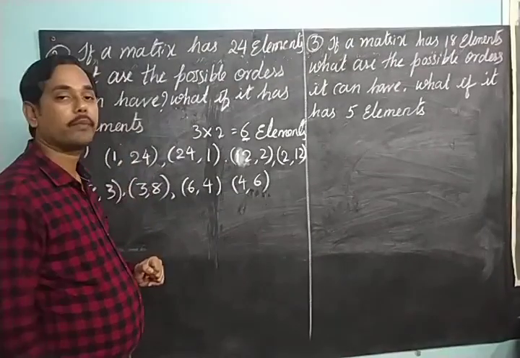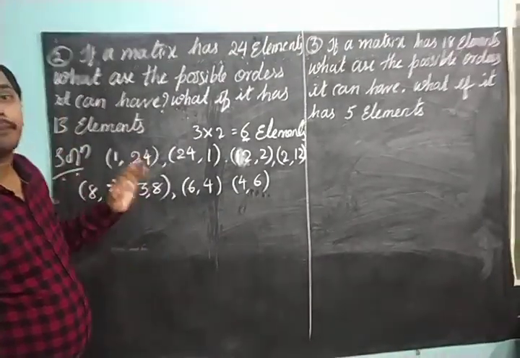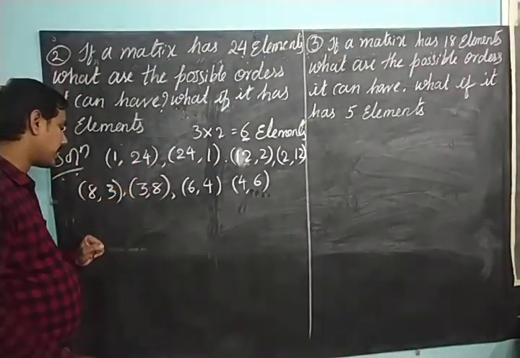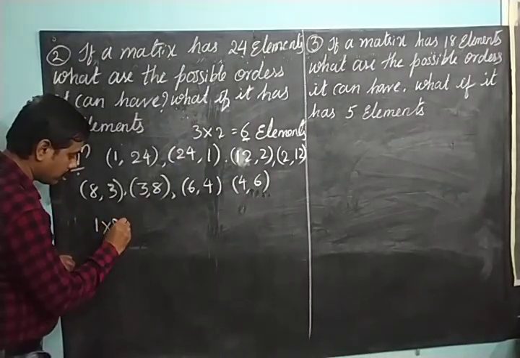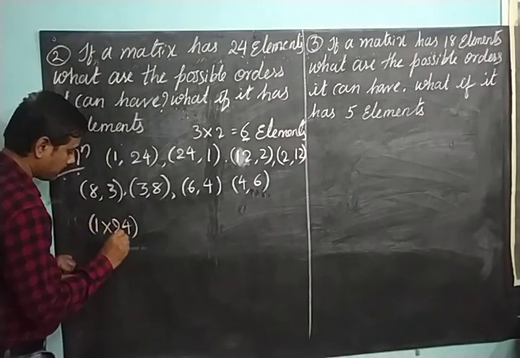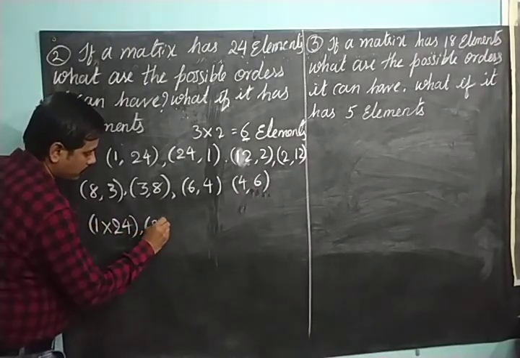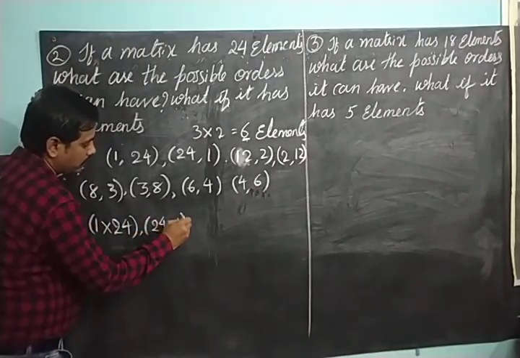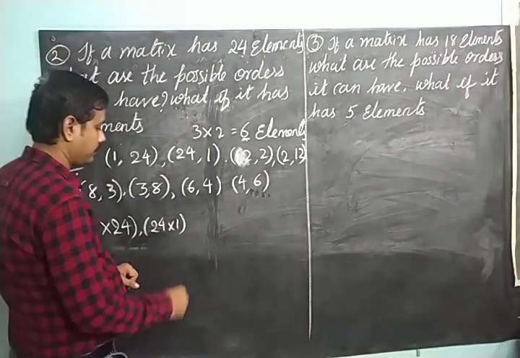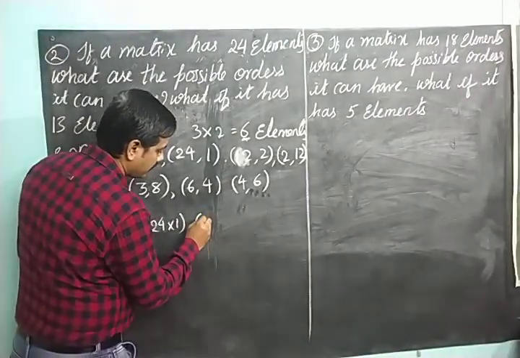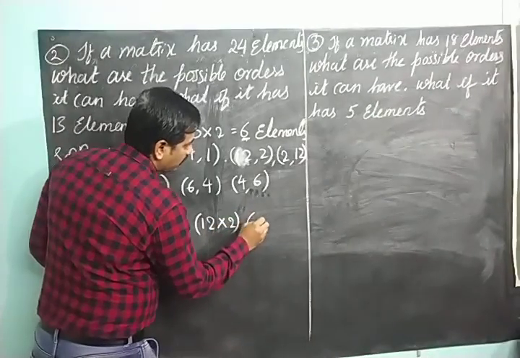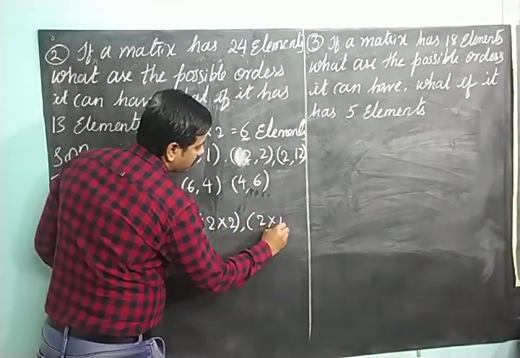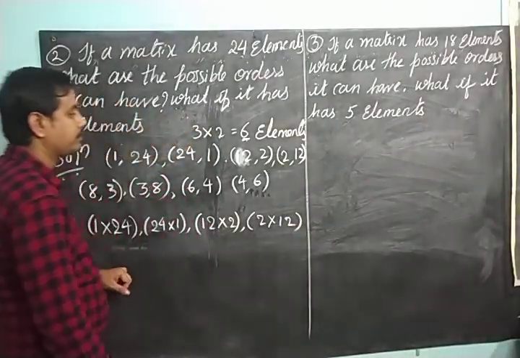So these may form the order of the matrix. So what will be the order of the matrix? It will be 1 cross 24, 24 cross 1. Here 12 cross 2 or 2 cross 12.